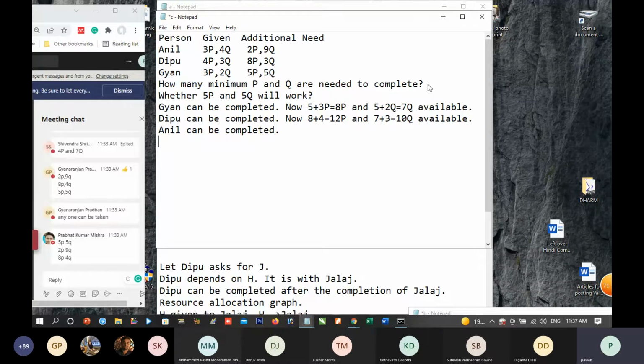Any doubt? Whether less than 5Q can work? Give the answer. Suppose we don't have 5Q. Can we do with lesser Q?